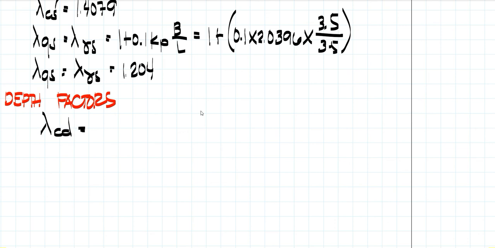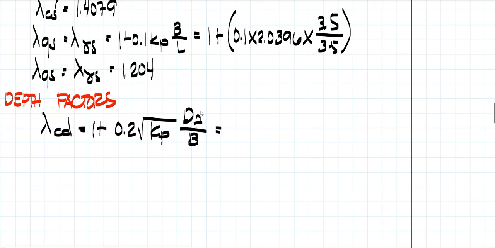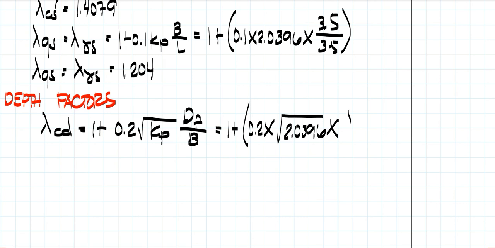So, that will be 1 plus 0.2 square root ng KP dF over B. So, that will be equivalent to 1 plus, so 0.2 times a square root of 2.0396 times yung dF natin, which is 1.4 over B, which is 3.5. So that will be the lambda CD, which is equivalent to 1.1143.